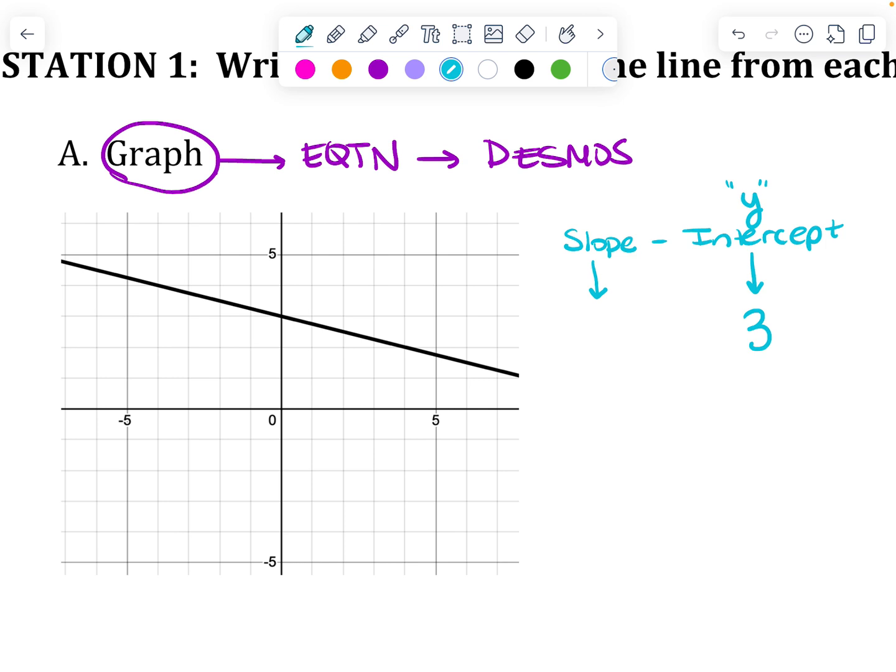If I don't know that intercept, which I'll show you an example of in a second, I can't do that format. So now all I need is the slope, and I get that by picking 2 points on here. That looks like a nice point. I'm going to pick that one, and this one looks pretty decent too. So my slope is my directions from dot to dot.